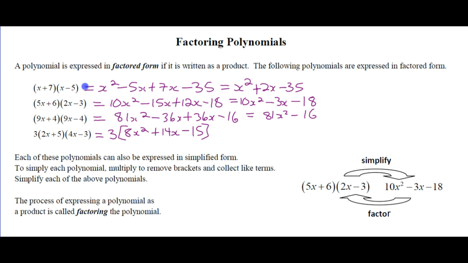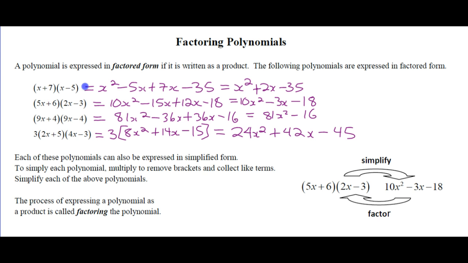I'm comfortable writing three, but you have to be comfortable enough in your mental math skills to add or subtract these numbers. Then that's equal to 24x squared plus 42x minus 45. And that we call the simplified form. So, factored form, simplified form.